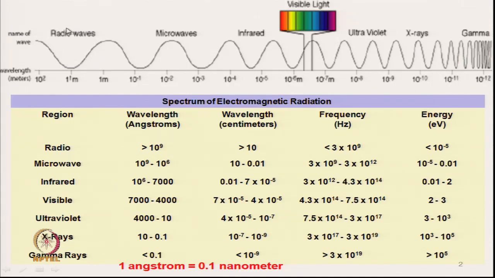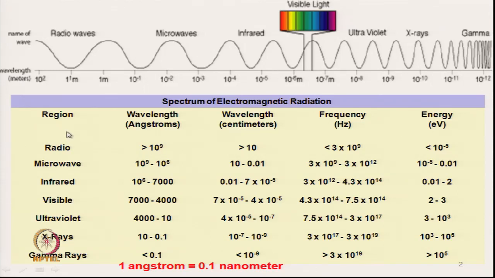For gamma ray it is very low, whereas in radio wave it is as high as say 1 meter or maybe more. But our area of discussion here is ultraviolet ray, which affects the human body adversely.